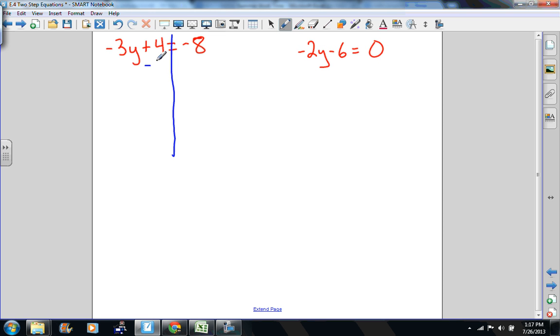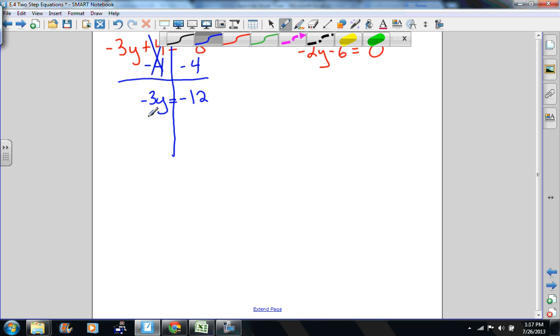So we're going to subtract 4. So I'm left with -3y equals -12, because we have -8 and -4 combining. Now, we're going to divide by -3.